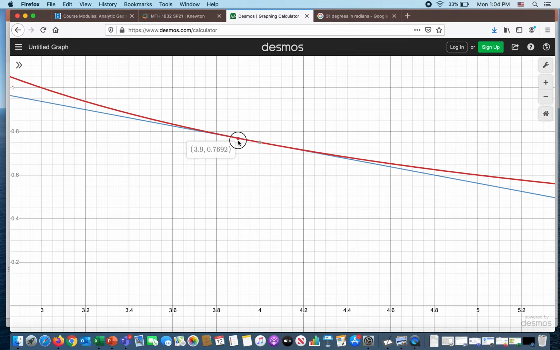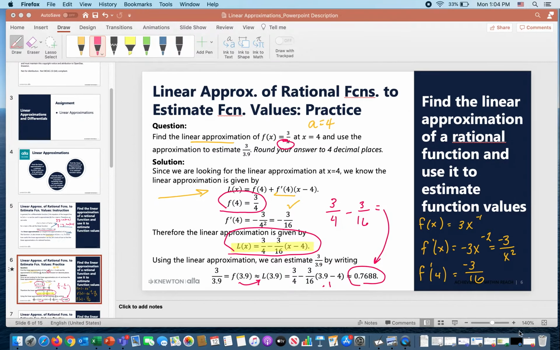Those are very, very close: 0.7692 and 0.7688. So there's a very small error between what the blue tangent line is giving me and what the red curve is giving me. The reason I wanted to show you the graph is so you could see that the linear approximation is the way we use our tangent line to estimate what's going on with the curve right here.